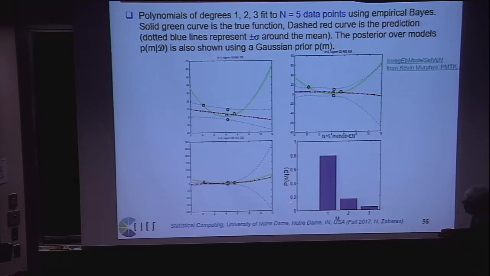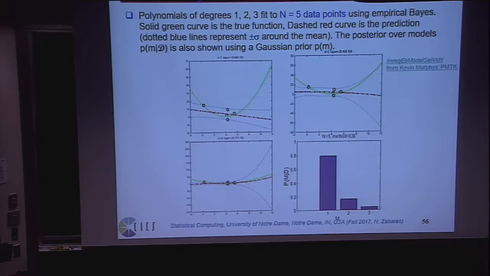has this marginal likelihood, or the posterior over models, for a given data set which has a few points. And this tells you, you know what? If you only have like 4 data points, the best model is the model that's a straight line.